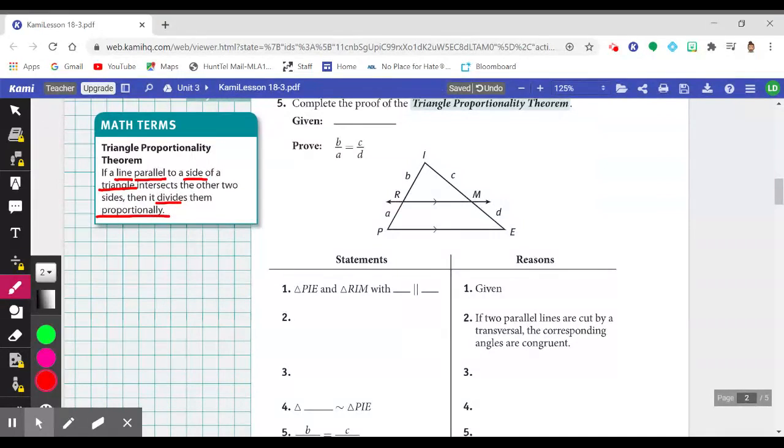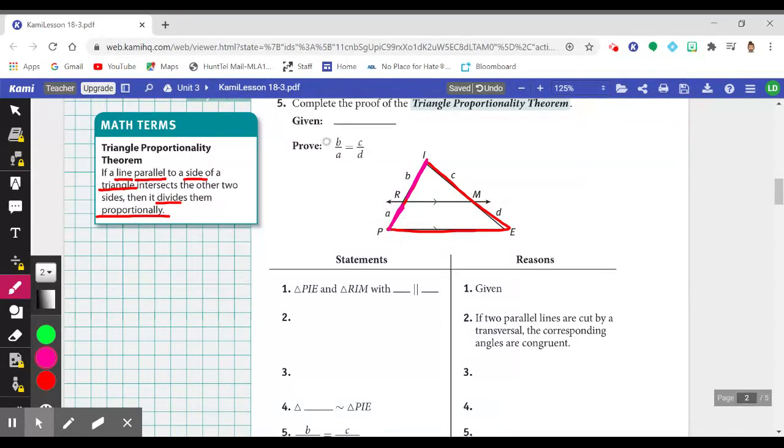We're not actually going to work through this proof, but what we're seeing here is if this line is parallel to a side of a triangle, in this case PE, and it intersects the two other sides, IP and IE, then it divides this larger triangle proportionally.